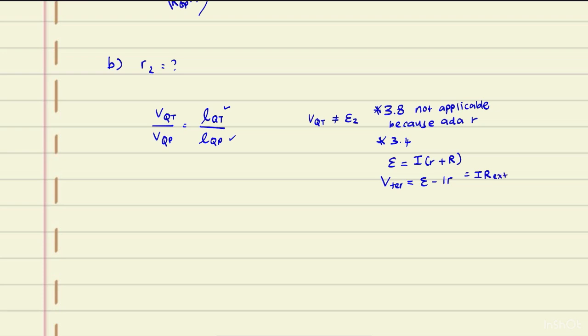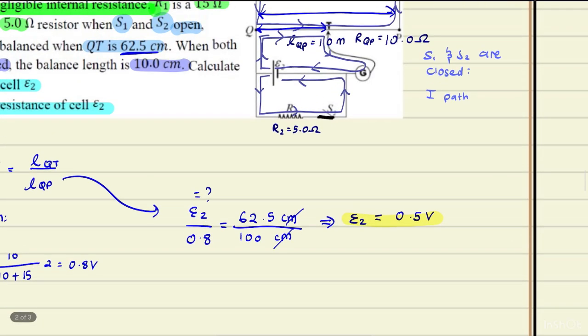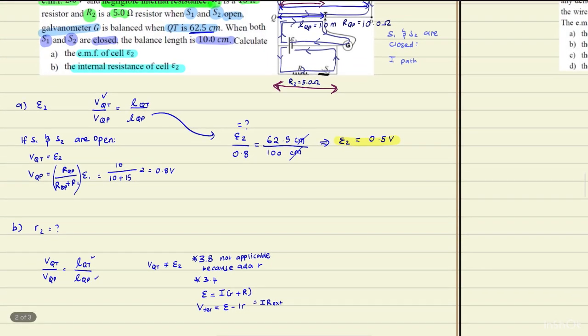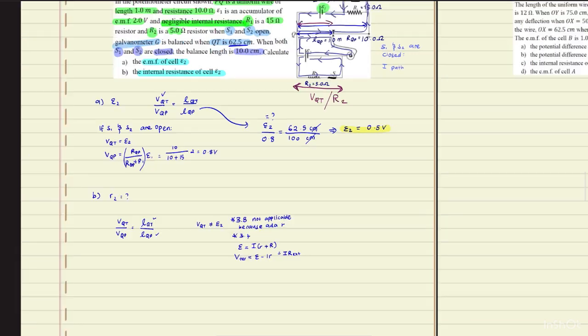So, VQT no longer equals EMF2. But, it is in parallel with which one? VQT is actually in parallel with the voltage across here. Okay? So that is info. Here is VQT also. VQT will pass through R2. Okay. Later we can find something from here.